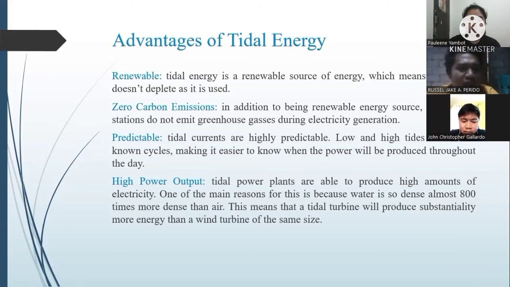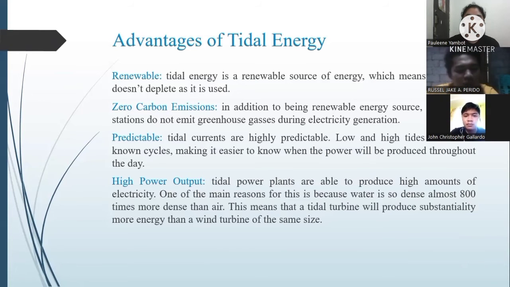And the predictable. Predictable is, tidal currents are highly predictable. Low and high tides follow well-known cycles, making it easier to know when the power will be produced throughout the day. Ito naman yung from the word, ito yung icon natin yung predictable.